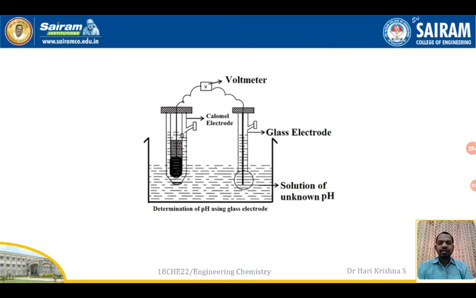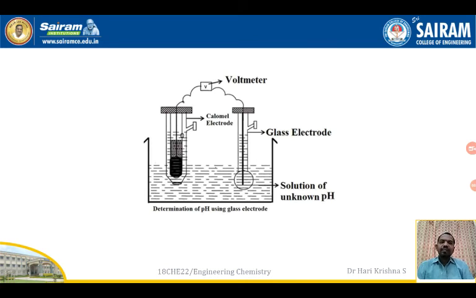We used to have a jockey, which was moved on the meter bridge, and we used to note down the reading when it beeped, that is the potential. By measuring the potential, we determined the pH of a solution. It used to take lots and lots of time. By the discovery of the pH meter, this time-consuming process has been reduced.